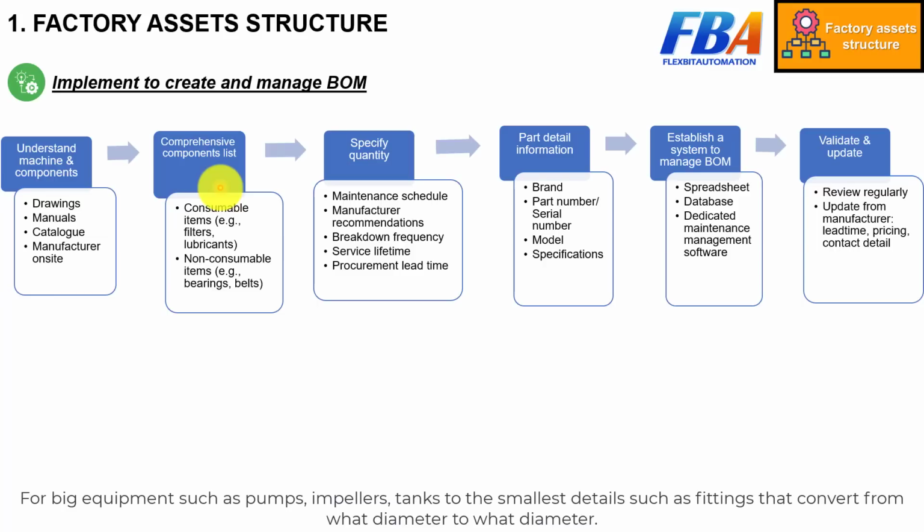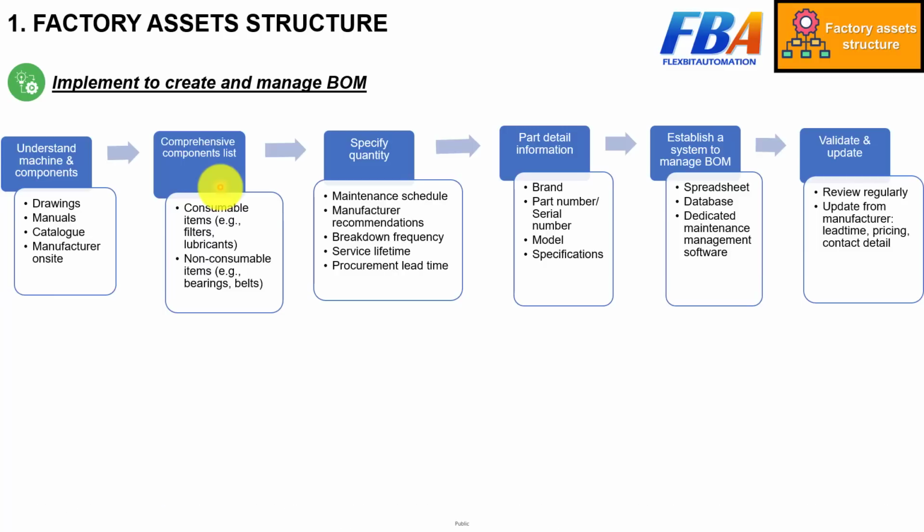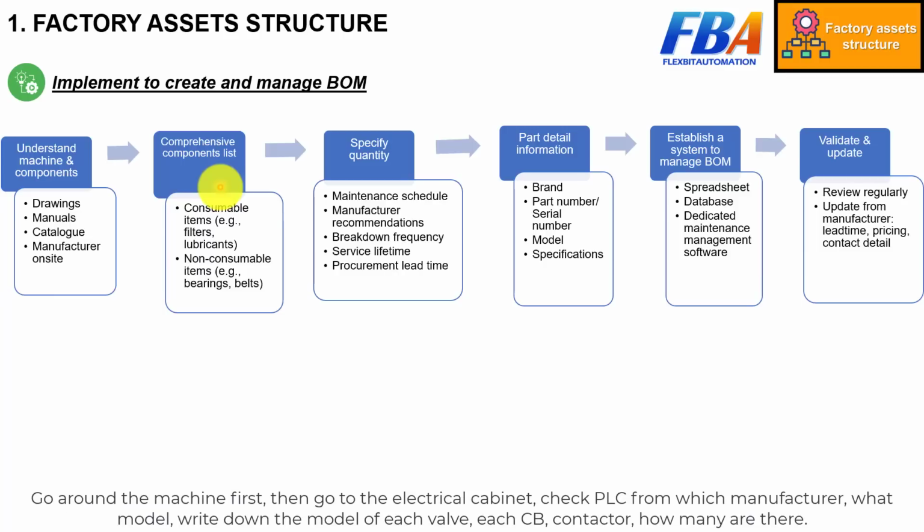From the big equipment such as pumps, impellers, and tanks, to the smallest details such as fittings that convert from one diameter to another. Go around the machine first, then go to the electrical cabinet.